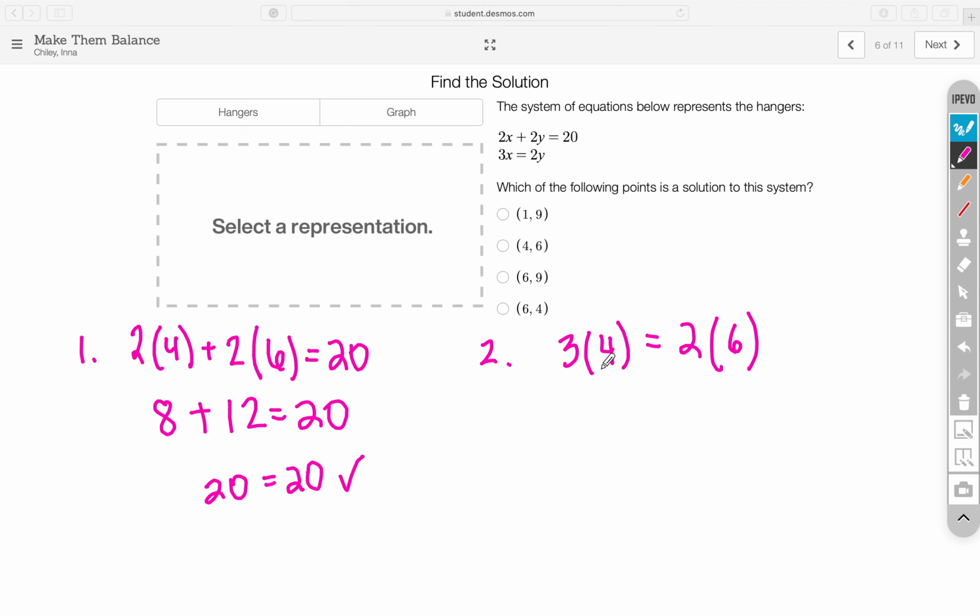So we get a check there. 3 times 4 is 12. 2 times 6 is 12. Check there. So this must be our solution.